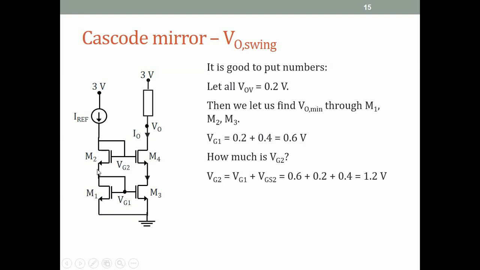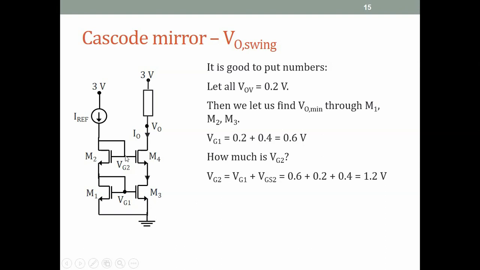Now, similar to M1, M2, M3, M4 are also identical transistors. Same W by L, same mu and everything, same Vt. Therefore, since the same current is flowing through them, if this VGS is 0.6, this VGS also has to be 0.6.